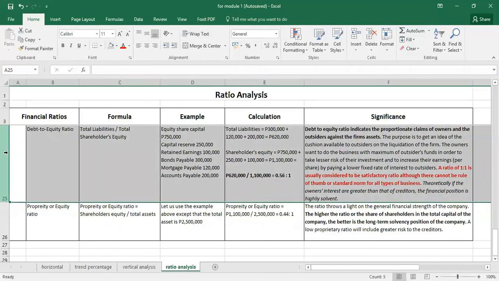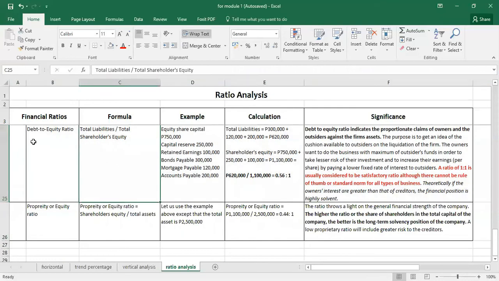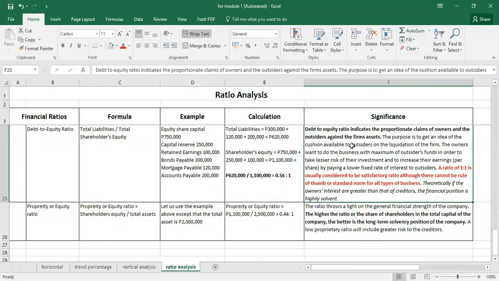If you still remember, in business, we have two sources of funds. We have the debt and the equity, or the utang and the puhunan. So, this measures how much of the portion comes from debt and how much comes from equity.